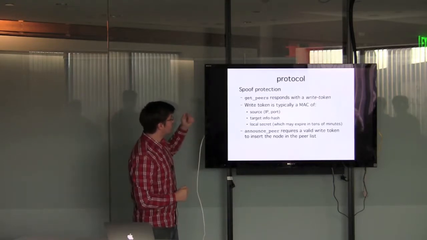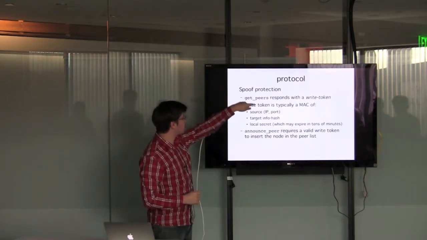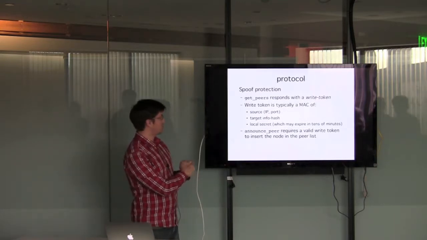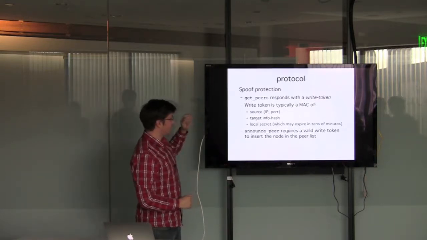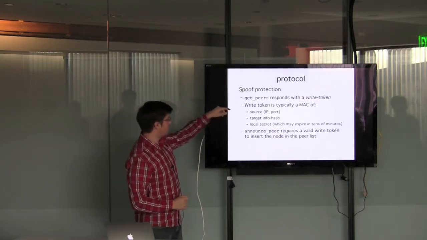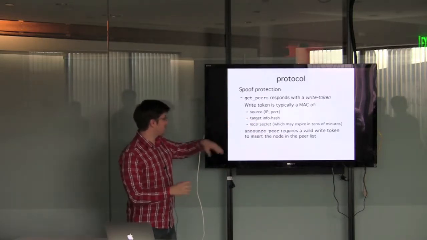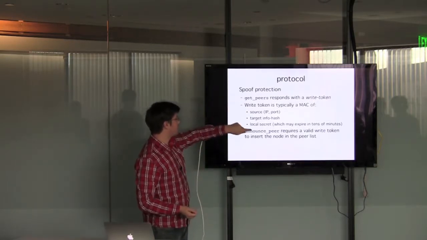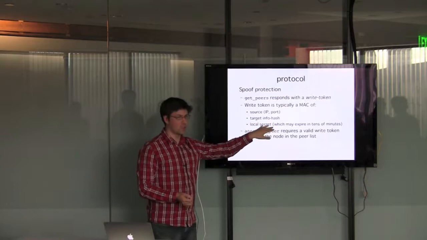in this peer list. So essentially, whenever you get a peers request, you respond with a write token, which is typically a MAC or a sort of verification, let's say a hash of the source IP, port, target info hash, and some kind of local secret.